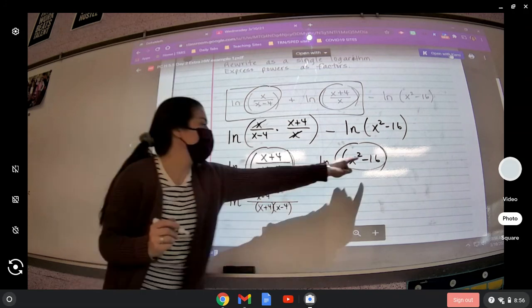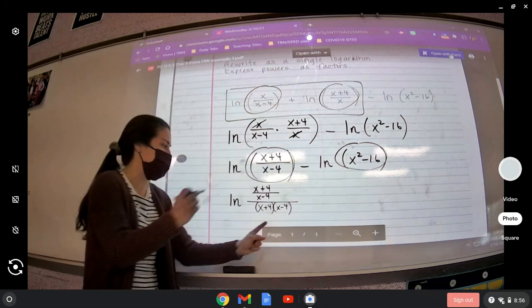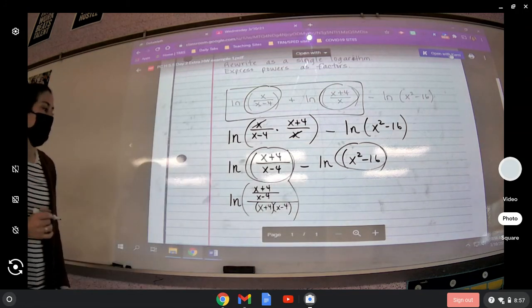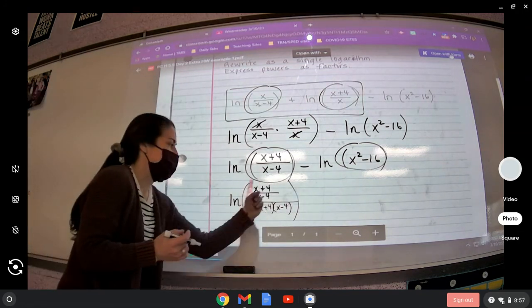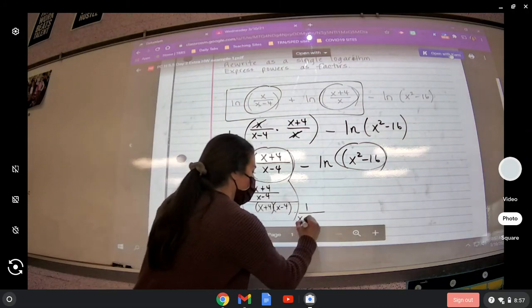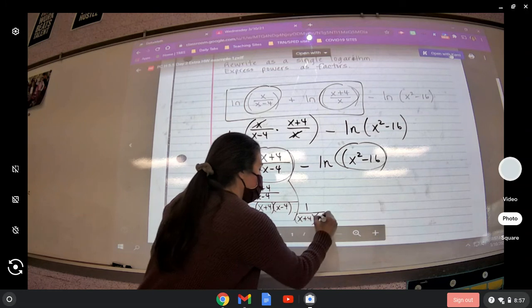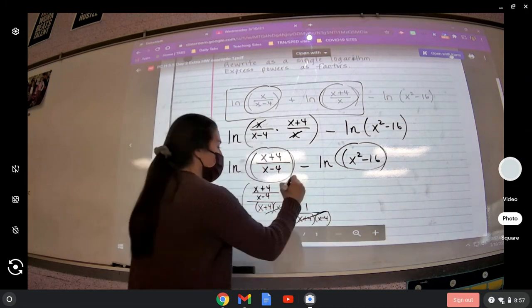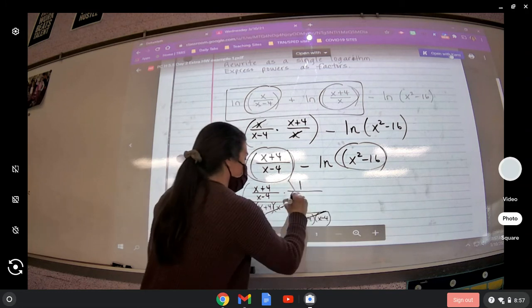Right, so this divided by that, but I wrote it in its factored form, and it's all being taken the natural log of. All right, now we have to clean up this. So now I can times this by its reciprocal to get rid of the complex fraction. Right? Cancel, cancel. So now I have to times the top by that.